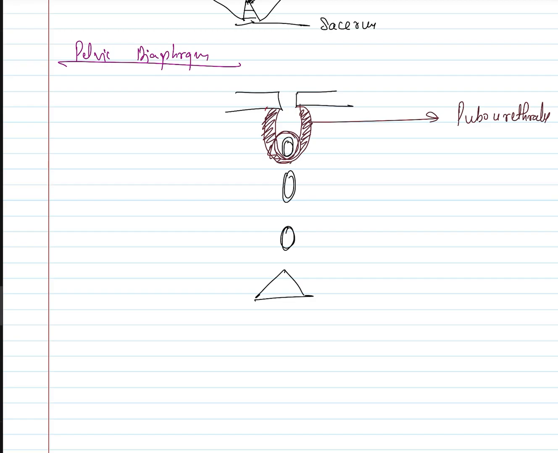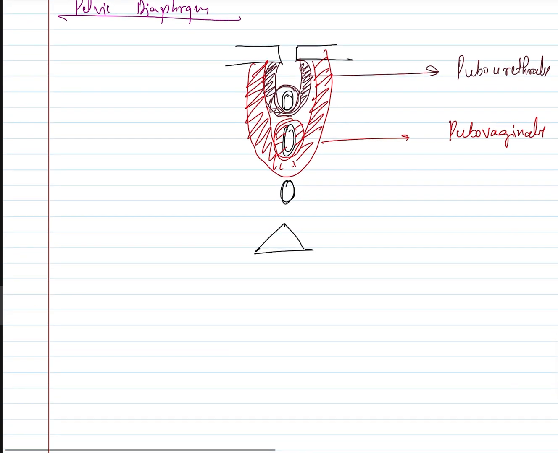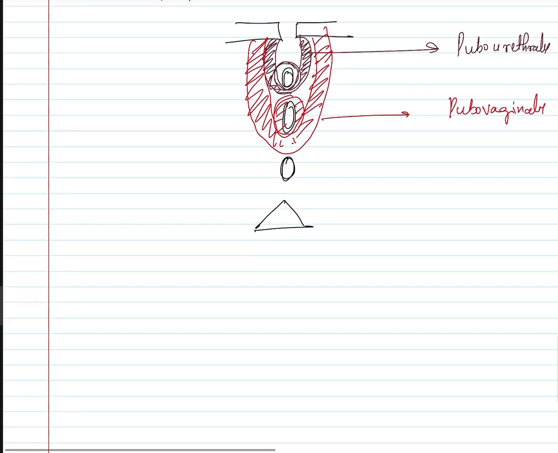This is your vagina; the one which covers your vagina is your pubovaginalis. And which covers your anus or the rectum is your puborectalis, or puboanalis, which I'm going to draw now.